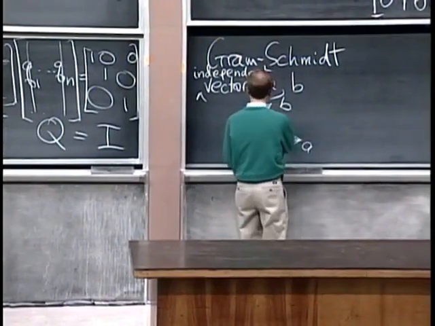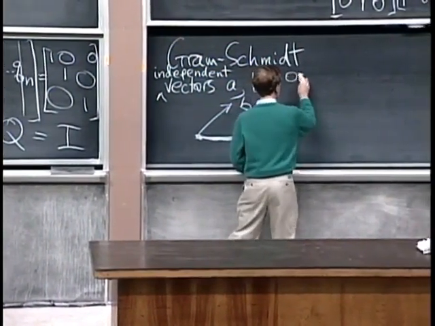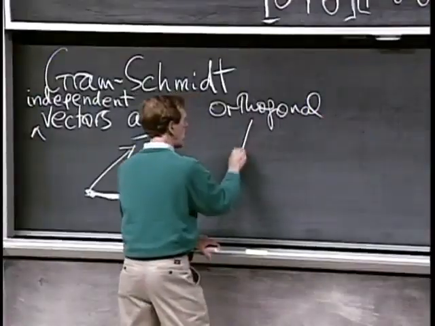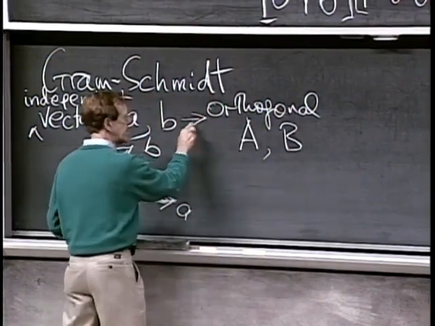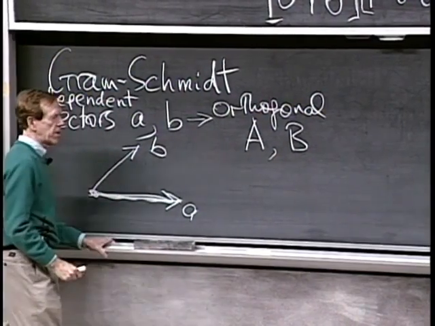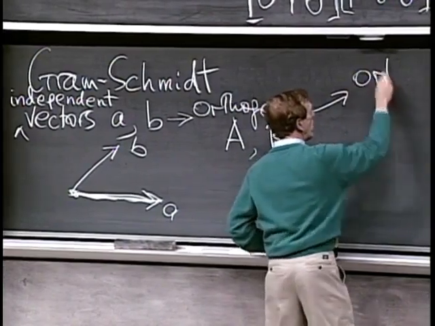My goal is to get orthogonal vectors, and I'll call those capital A and B. So that's the key step, to get from any two vectors to two orthogonal vectors. And then, at the end, no problem, I'll get orthonormal vectors.